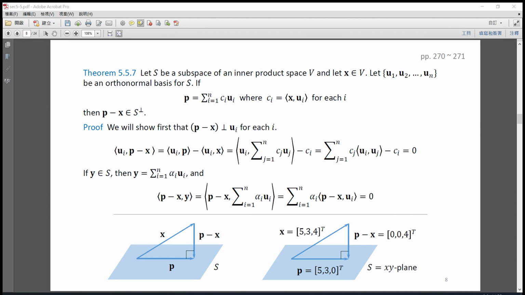Next, we prove Theorem 5.5.7. First, we show that P minus X is orthogonal to Ui for each i.